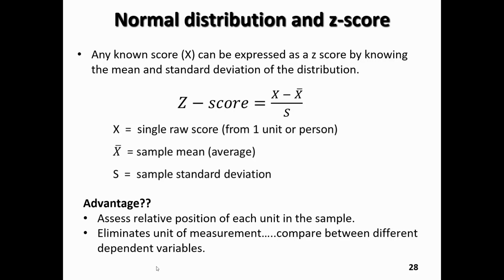The other advantage is that the units of measurement are eliminated. This allows a comparison, once again, between different dependent variables that exist on different measurement scales and different units.